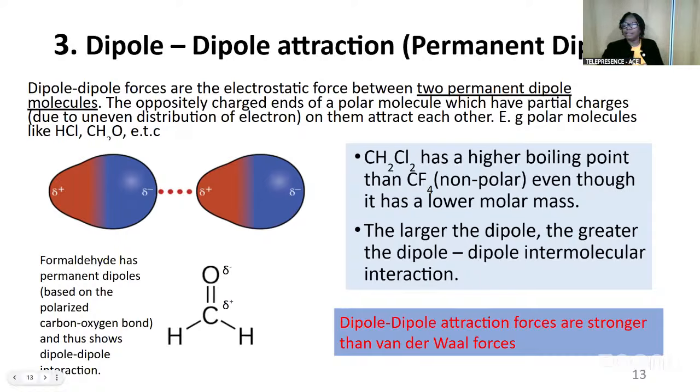And if you look at CH2Cl2, and you compare it with CF4, CH2Cl2 has permanent dipoles. CF4 is non-polar. And you will find that the boiling point of CH2Cl2 is higher than that of CF4, although CF4 has a higher molar mass than CH2Cl2.